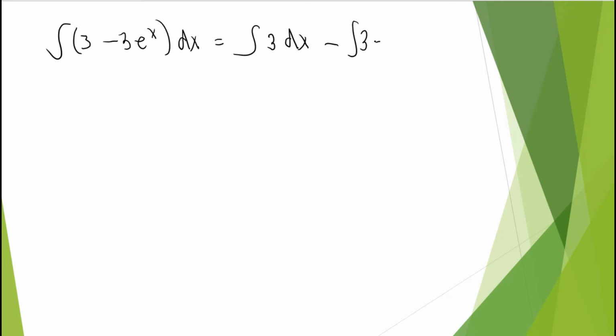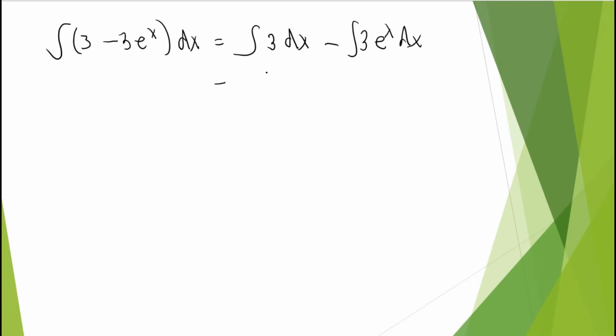Let's say integral of 3 minus 3 e raised to the x dx. So sabi nga natin, we integrate per function, diba? Integral of 3 dx minus integral of 3 e raised to x dx.